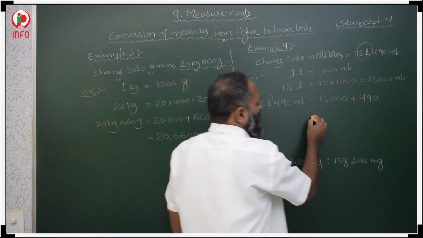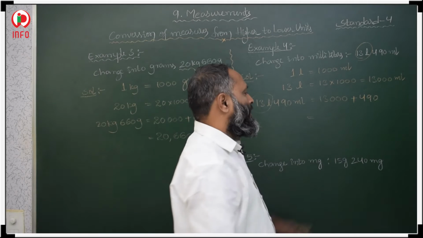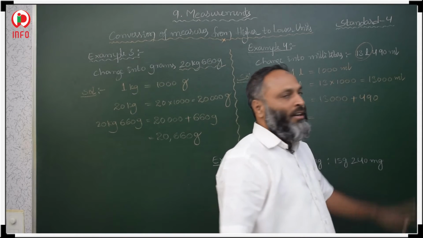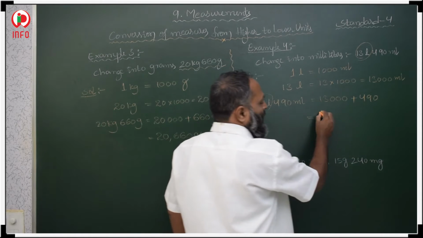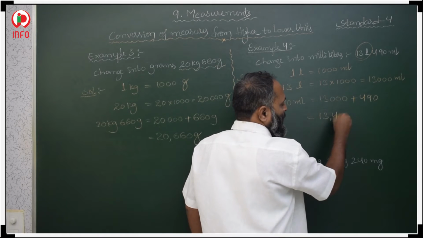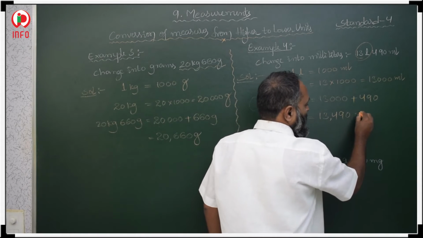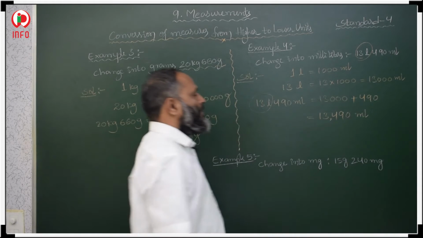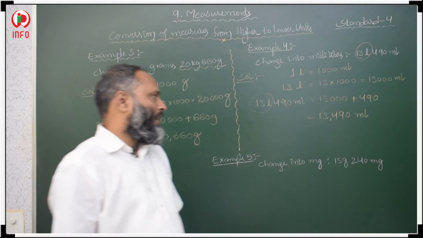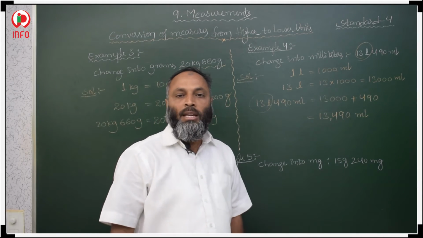Then how many milliliters in total? 13,000 plus 490, that is 13,490 milliliters. This is the conversion of 13 liters 490 milliliters into milliliters.